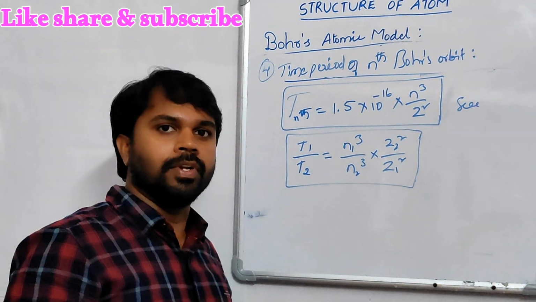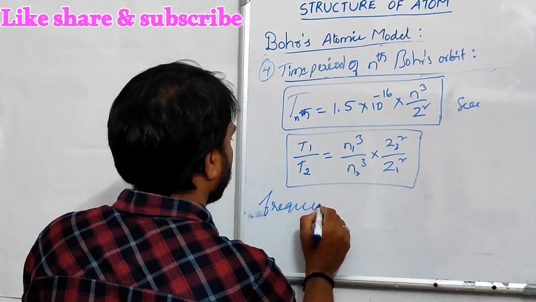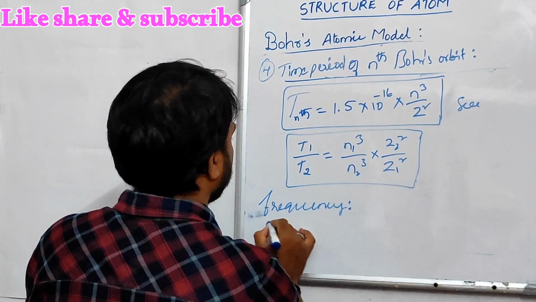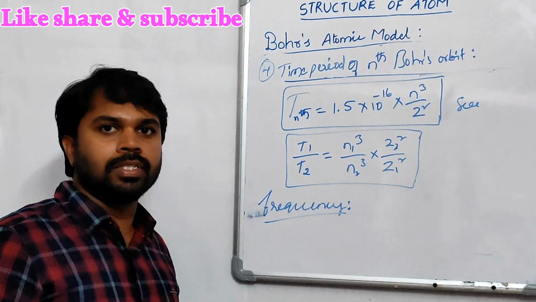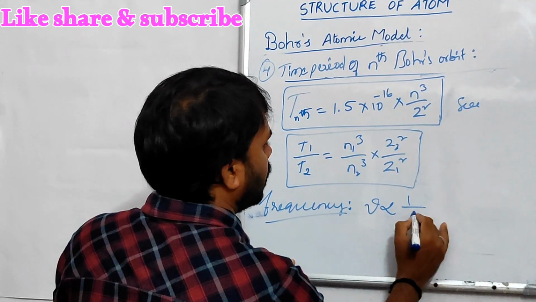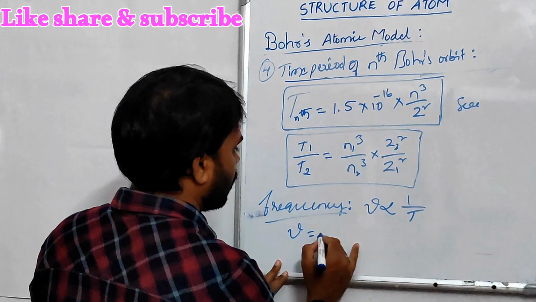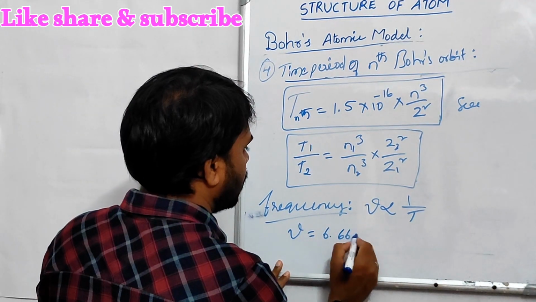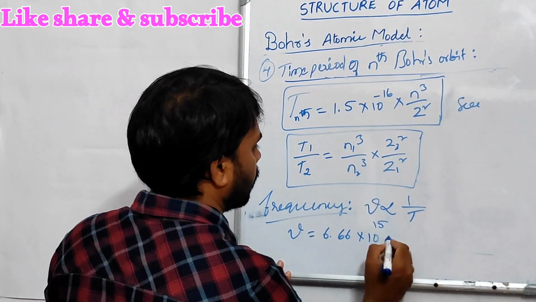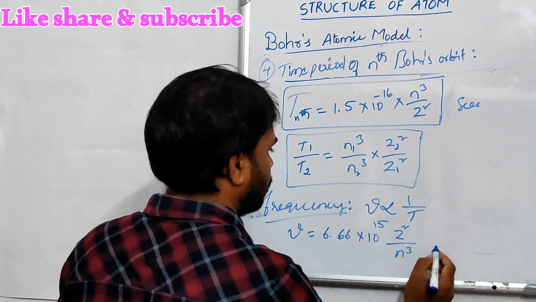Now come to the frequency. Frequency of nth Bohr's orbit is inversely proportional to the time period. So nu is equal to 6.66 into 10 to the power of 15 Z square by n cube.